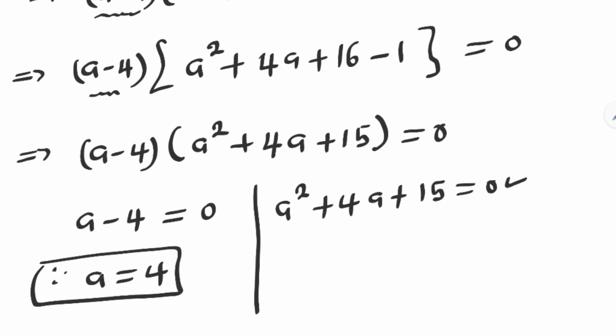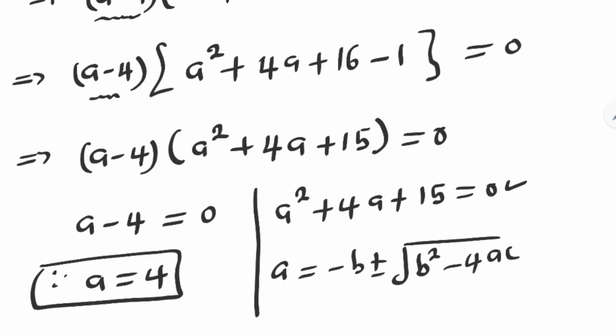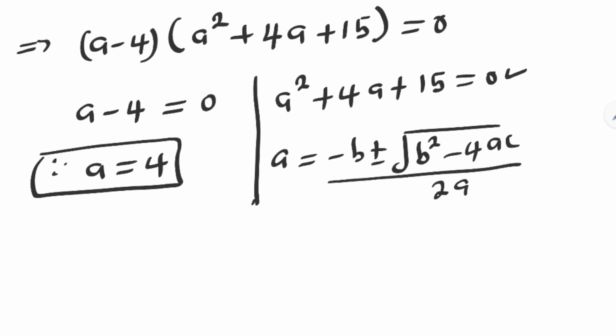And our quadratic general formula in this case is given as a is equal to minus b plus or minus square root of b squared minus 4ac over 2a. And from this equation, a is equal to 1, b is equal to 4, and then c is equal to 15.